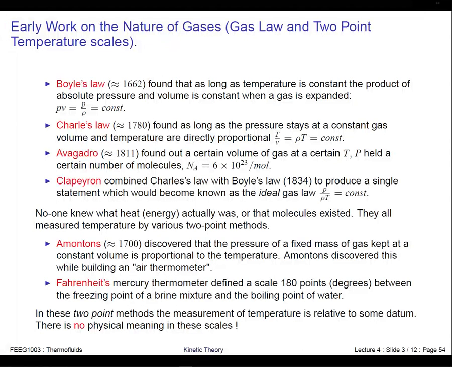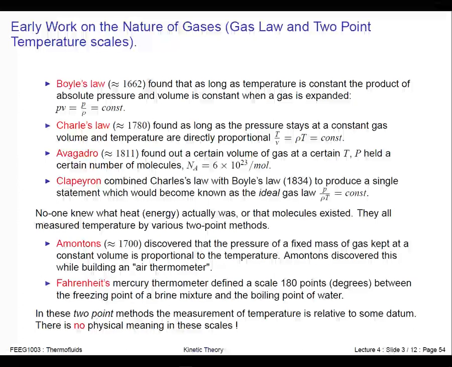So most of the early work and early development on gases was purely experimental. So we had people sitting in research labs and just doing measurements at random, more or less, and they came up with observations.